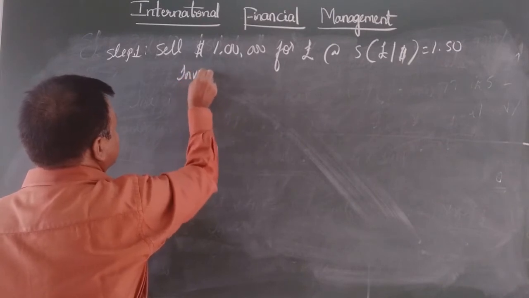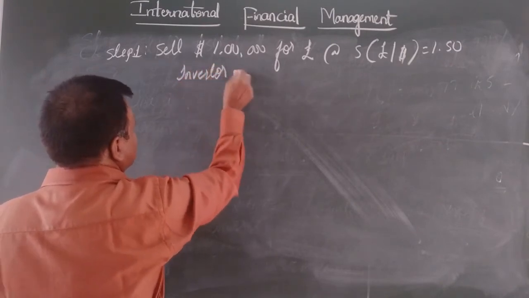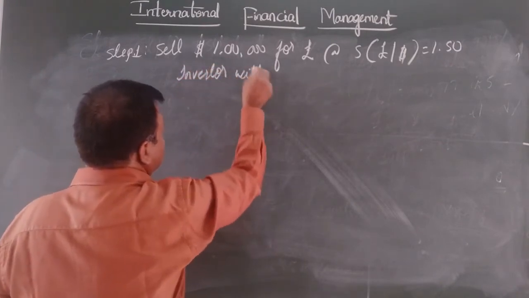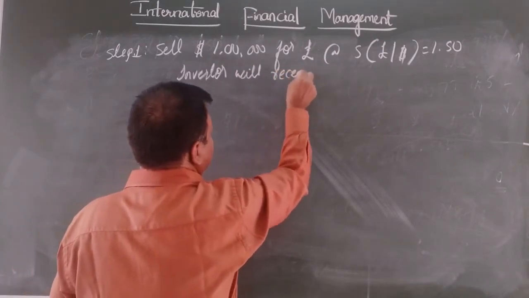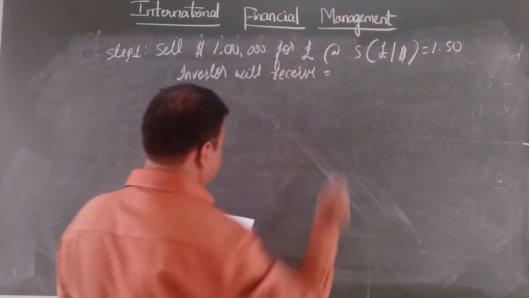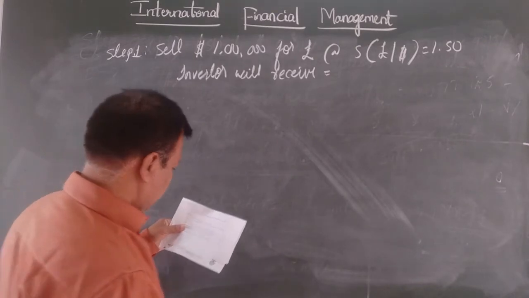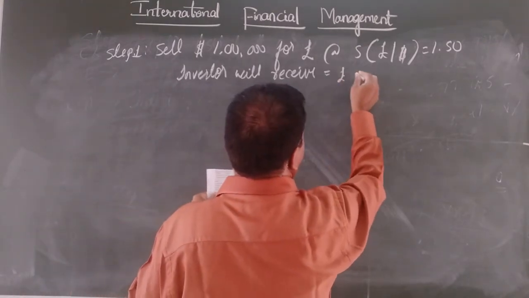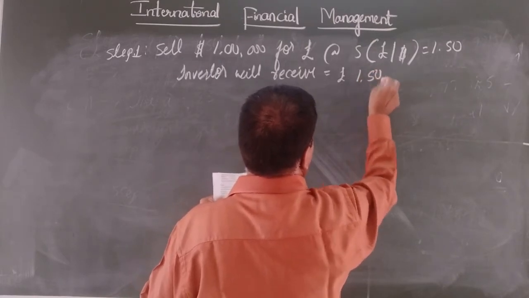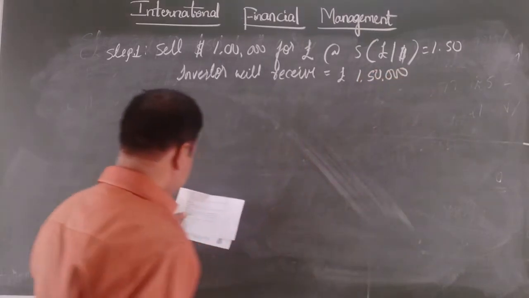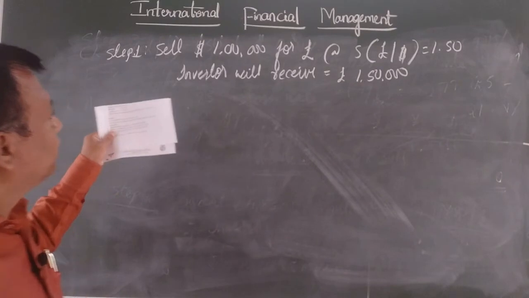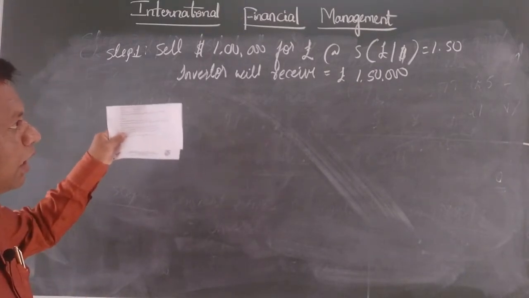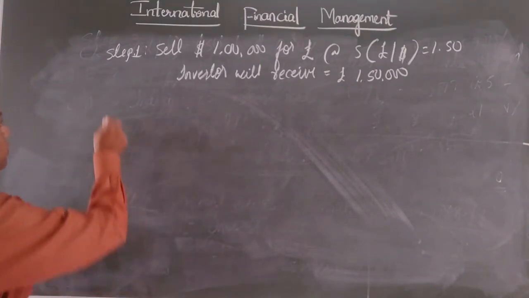How much will the investor receive? 1,50,000. Okay. So first we are selling the dollar for pound, and we got pound 1,50,000.